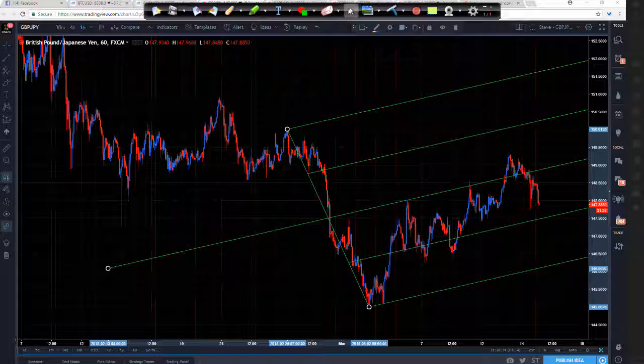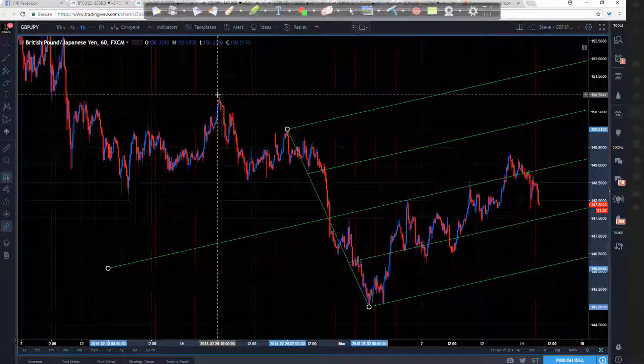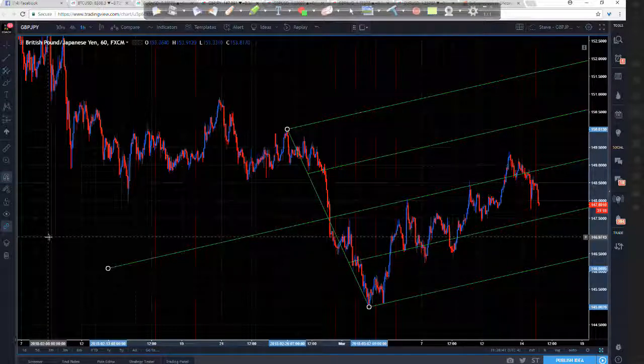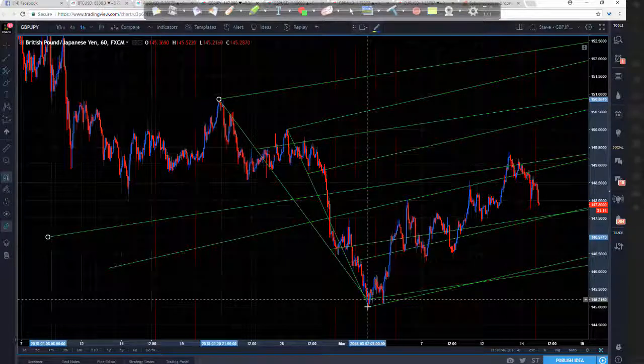I may draw a secondary one, and we'll go to this higher swing high. Come down to the same swing low, of course.